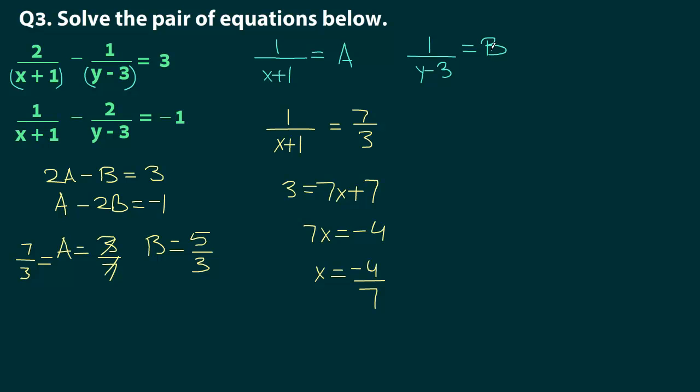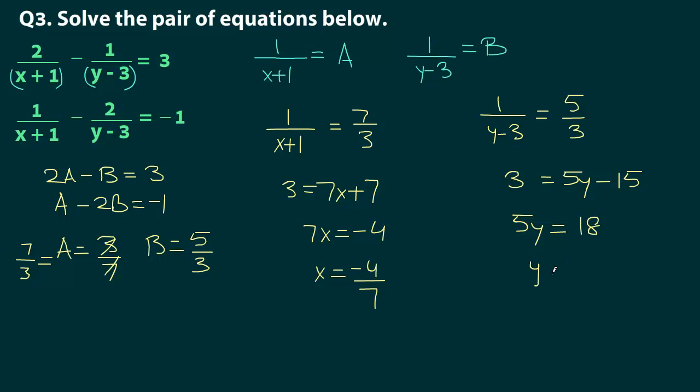So what is the value of y? Now here 1 by y minus 3 is equal to b, but b is 5 by 3, right? So now if you do cross multiplication, we will get 3 equals 5y minus 15. From here we can say 5y equals 3 plus 15, which is 18.